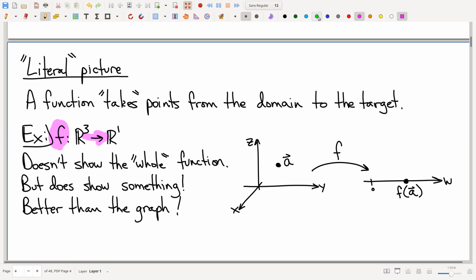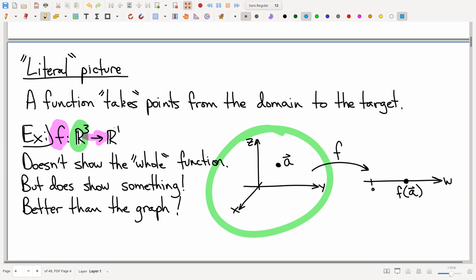So notice R3, I've drawn a picture of it. That's my domain. I'm going to take the target R1 and I'm drawing a picture of it. And this action of a function taking points out of the domain and into the target, I represent with this arrow suggesting that points are moving there to the right.